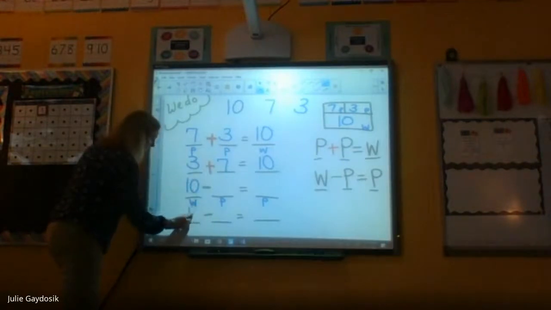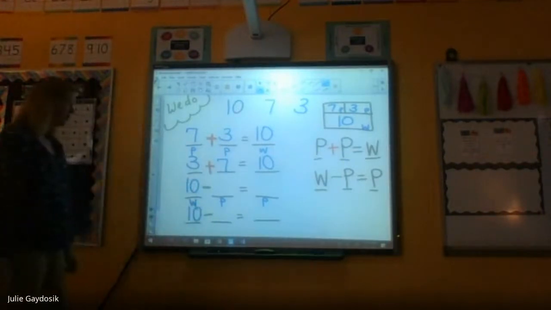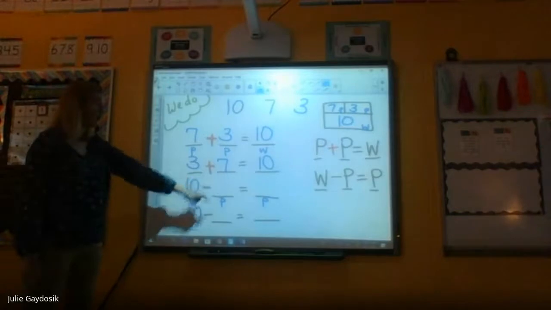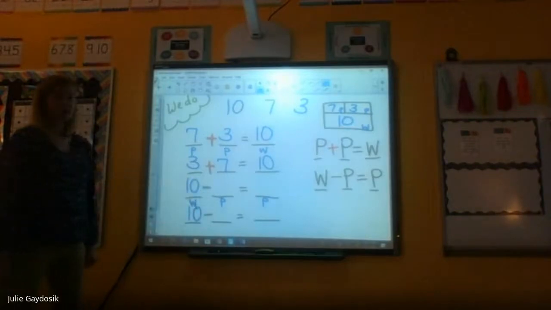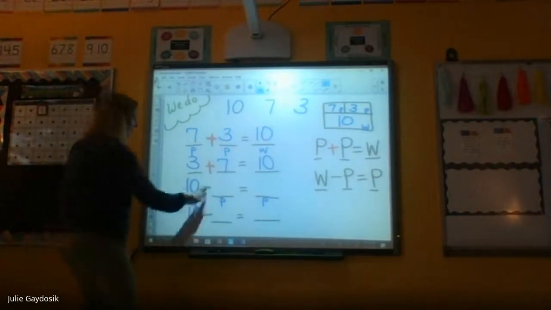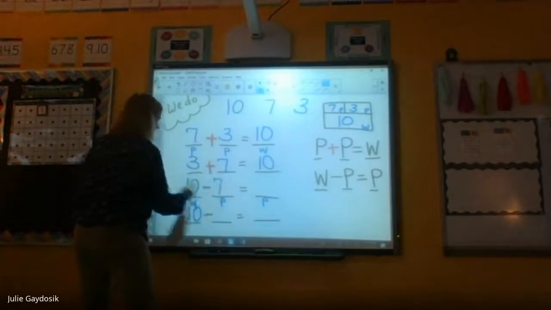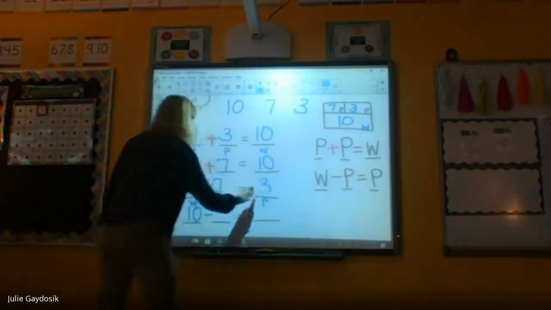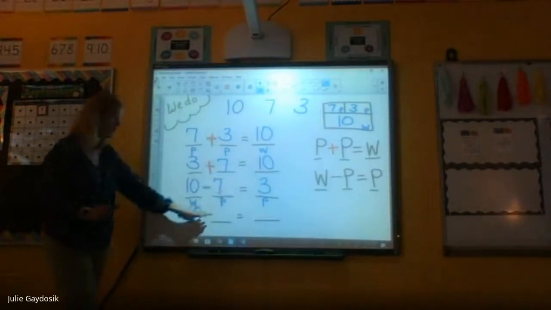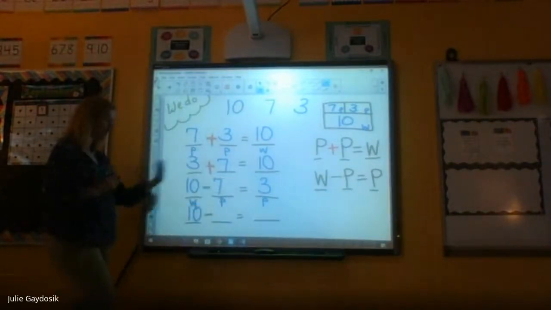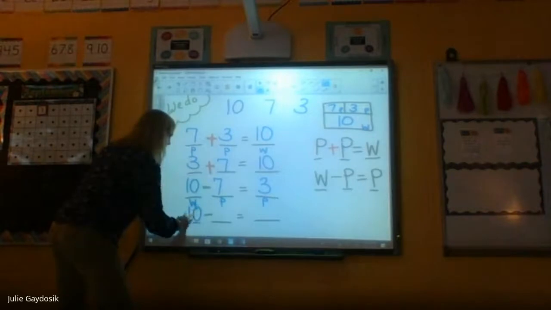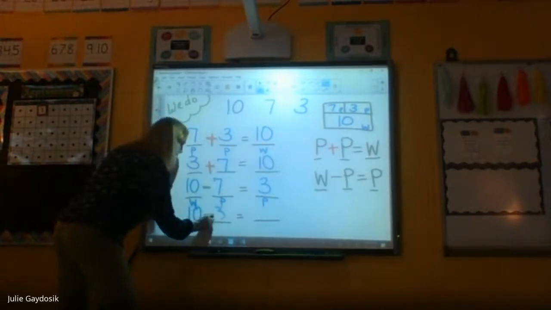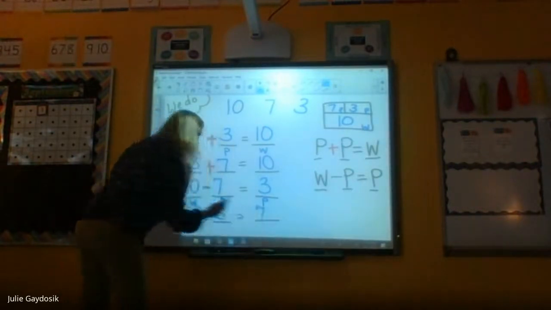The whole number, which is 10, goes at the beginning. Now, I'm going to take away a part. So what is a part I could take away? That's right. I'm going to take away 7. Okay? And my other part is 3. Now, do I write 10 minus 7 equals 3 again? No, I flop the numbers. So 10 minus 3 equals 7.